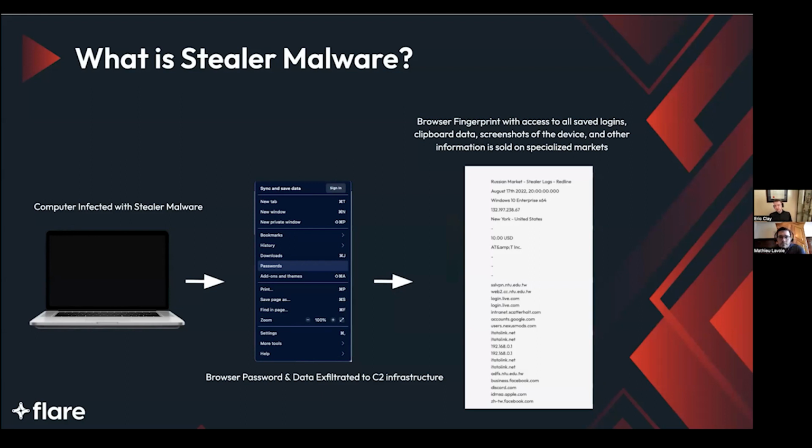Were there any that you would add or really highlight there, Mathieu? No, I think we see a lot as well malvertising campaigns that lead to infection. So in the research we did, the source of infection, especially for Redline and Raccoon, was coming from malicious ads that were pushed by different websites, and that's what we've seen in terms of infection chain mainly.